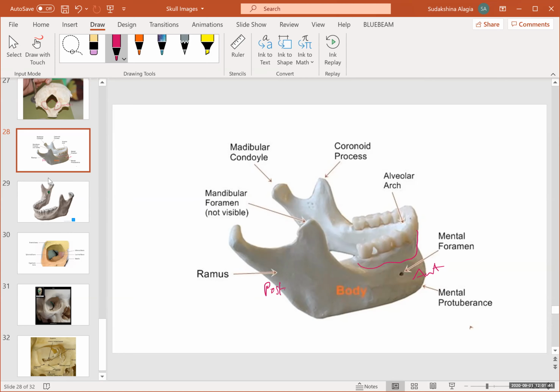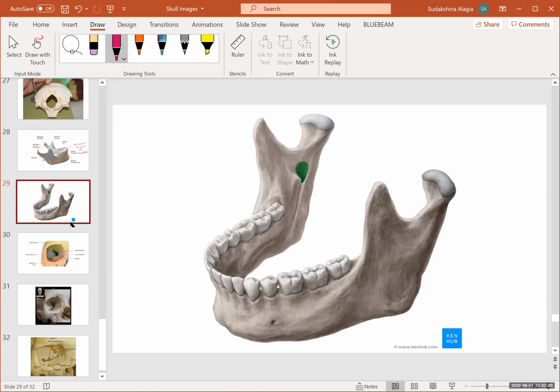This part holds the tooth sockets, the alveolar process of mandible. Specify of what? Because maxilla also has an alveolar process. Alveolar process of mandible. Just one, because there is only one mandible. This one shows you a little better. See that depression here? All of that is the alveolar process of mandible.